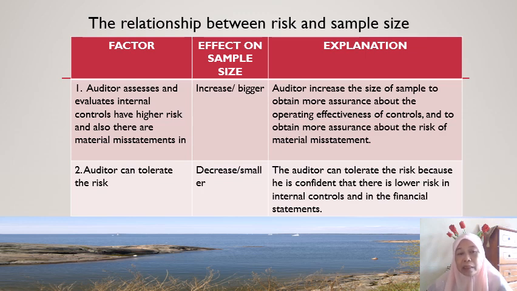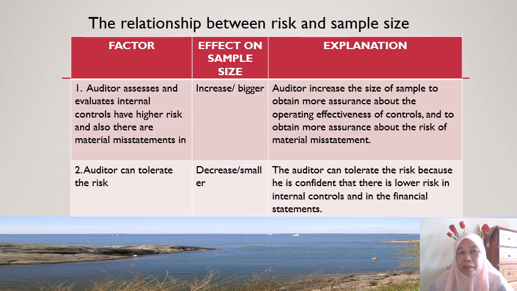Okay, and on the other hand, if the auditor considers that the risk in the internal controls and in the financial statements is lower or tolerable, or he can accept that, then he may only select a smaller sample size, or he can reduce the sample size.